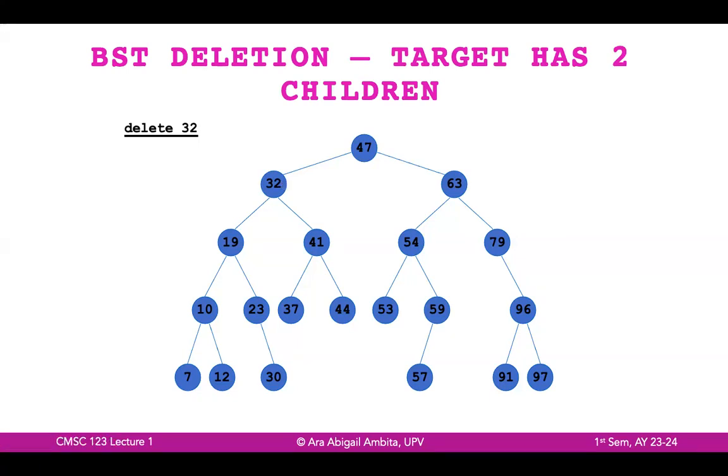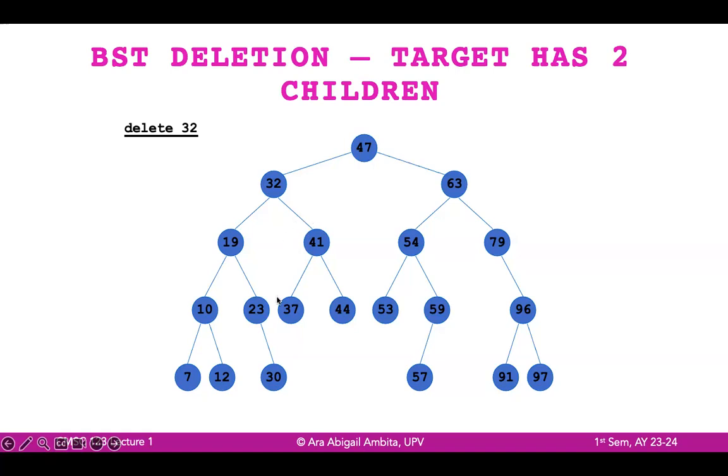One would be to replace the node with its predecessor, the rightmost node of its left subtree, or we could go with its successor, the leftmost node of its right subtree. So assuming that we have implemented replacing the node with its successor, in that case we are going to look for the leftmost node of its right subtree. So we want to delete 32 and we have to check where is the right subtree.